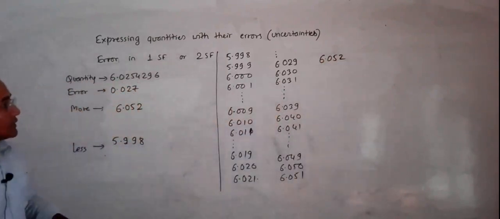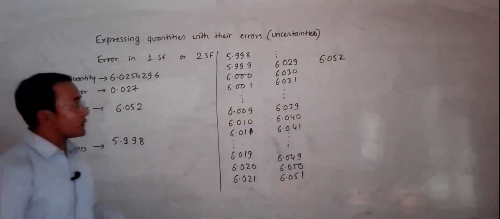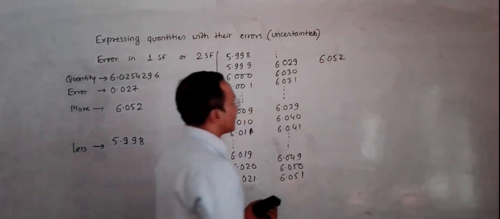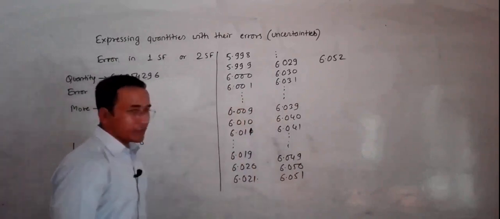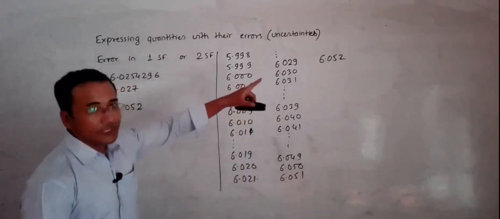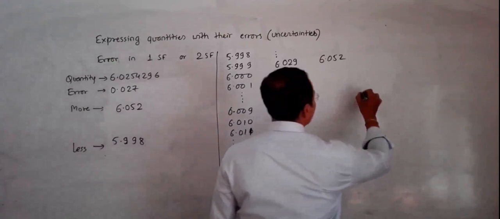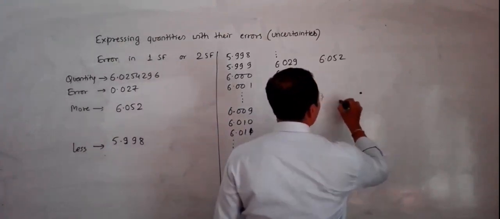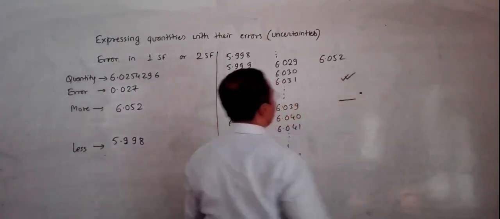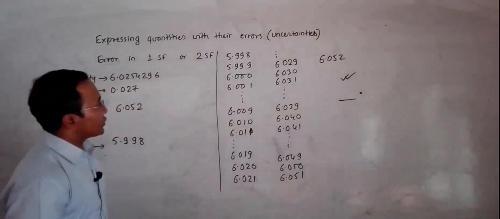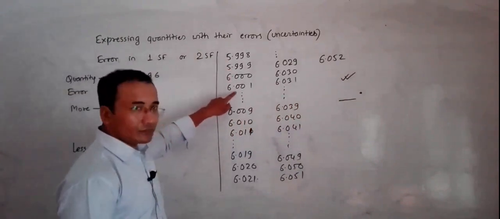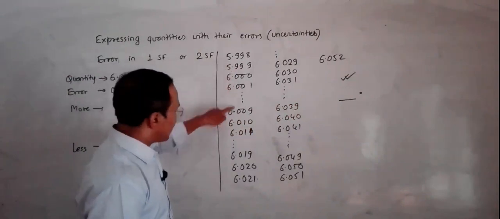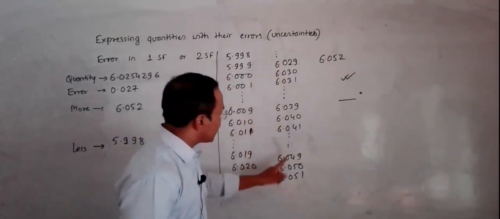So what we have here is a very large group of quantities. If I go through here, the first quantity before the decimal is fixed. It's either 5 or 6. So we are sure about this quantity. And in the second digit also, we have either 9 or 0, no other quantities in the second digit.